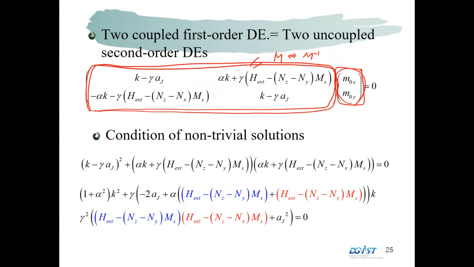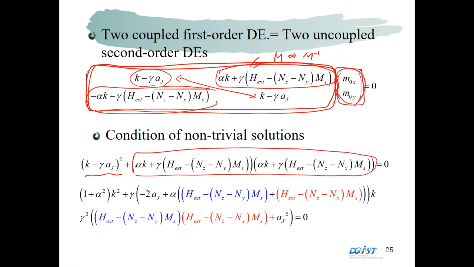Okay, so let's find the determinant of this matrix. So multiplication of these two terms and minus multiplication of these two terms here. And we have a plus sign because we have a minus here.